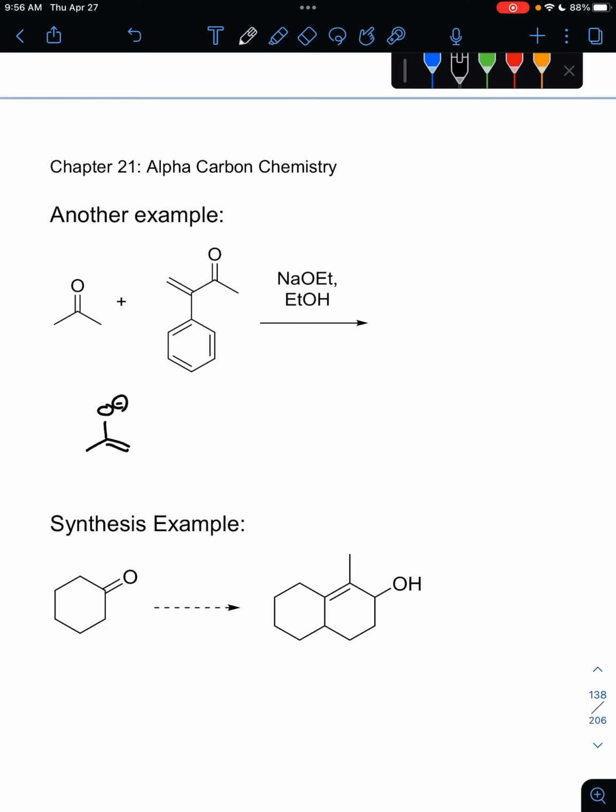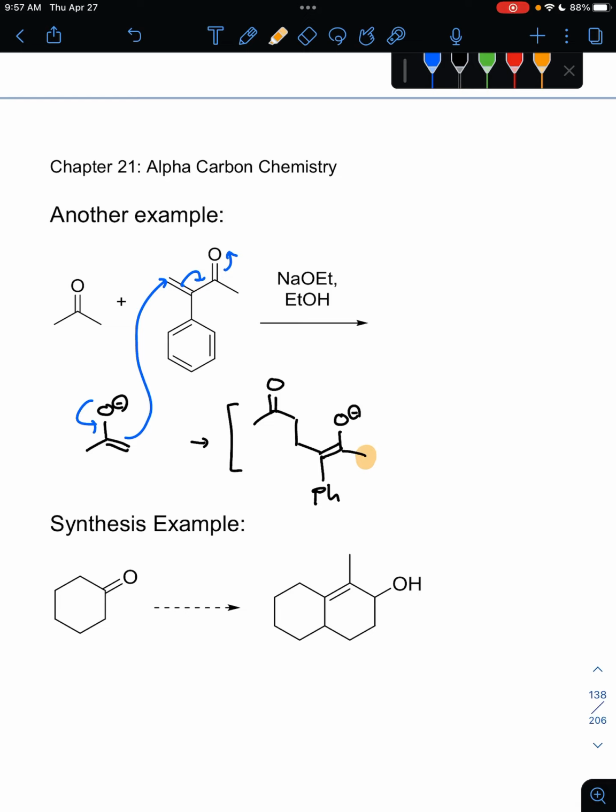This would work through this enolate, doing Michael addition into here, and so you would end up with the intermediate that would look like that.